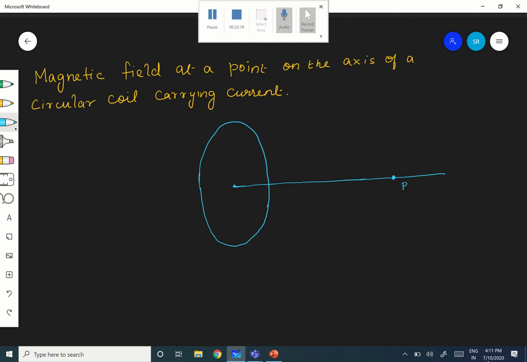Okay, and this is O, and the distance between that point and the center of the coil, let it be X. Are you following? And let A be the radius of the coil.